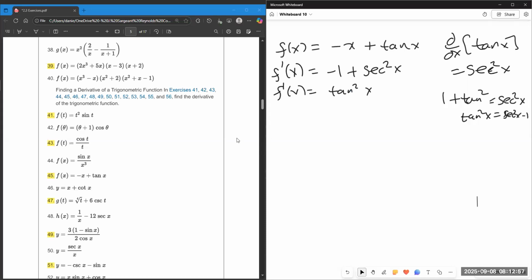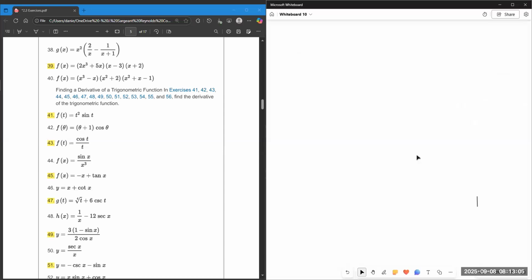Let's go ahead and look at 47. g of t is equal to the fourth root of t plus 6 cosecant of t.